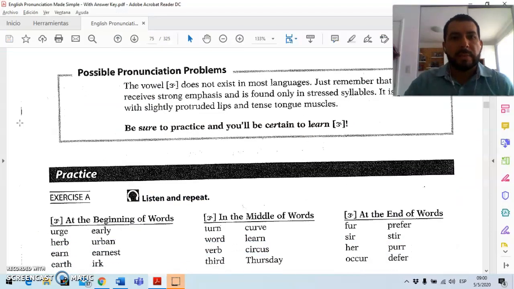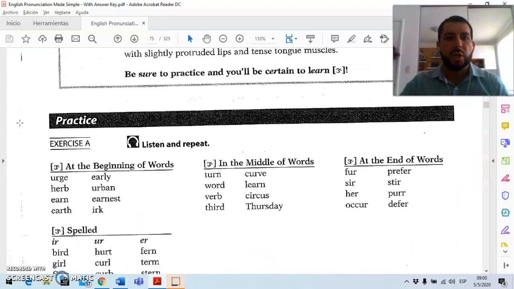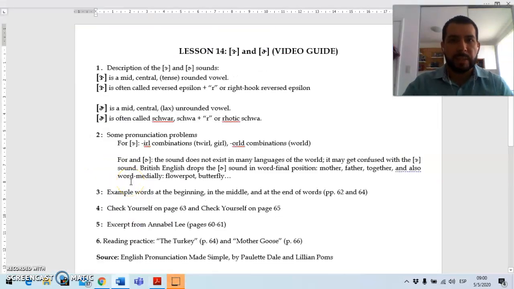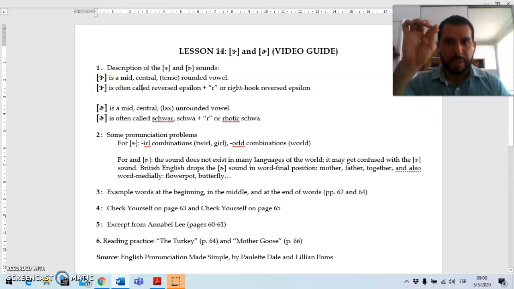Now, let's look at some examples for the stressed sound, which has this symbol. By the way, these sounds receive many names, and before I go on to give you the words, I'm going to give you the names. In case you're curious, this one here, the mid-central tense rounded vowel, is also called reversed epsilon plus R, because if you look at it, it looks like an epsilon, but just reversed, plus a little hook, like a little ponytail on top.